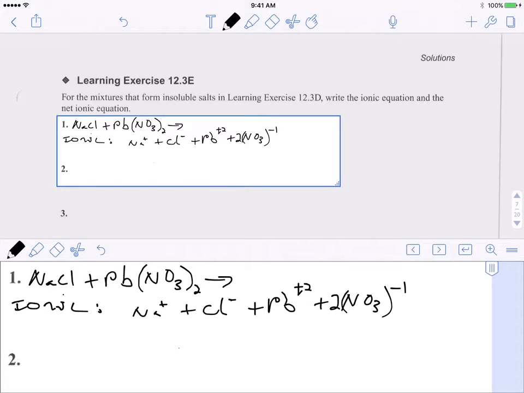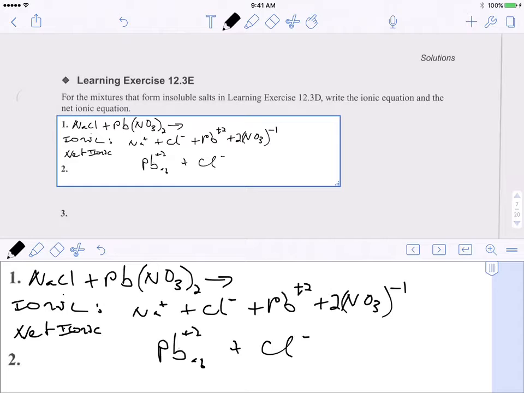My net ionic. At this point, I'm going to have Pb plus 2, and that's aqueous, plus Cl minus, that's aqueous, yielding PbCl2, and this is going to be solid.